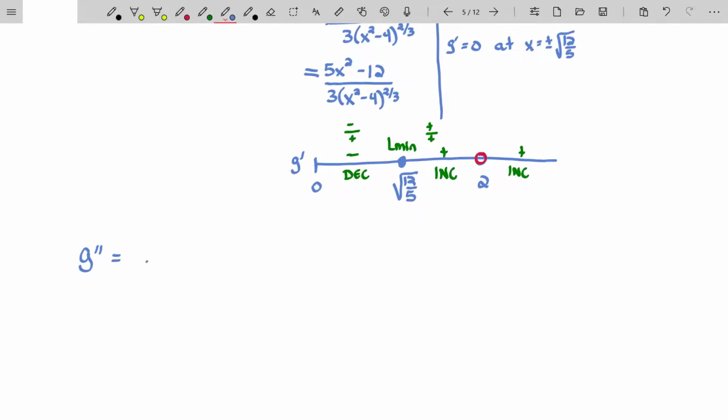So the derivative of that numerator, which is 5x squared minus 12, is going to be 10x times the denominator, which is 3 times x squared minus 4 raised to the 2/3, minus the numerator, 5x squared minus 12, times, let's see how ugly this is already getting, the derivative of the denominator.